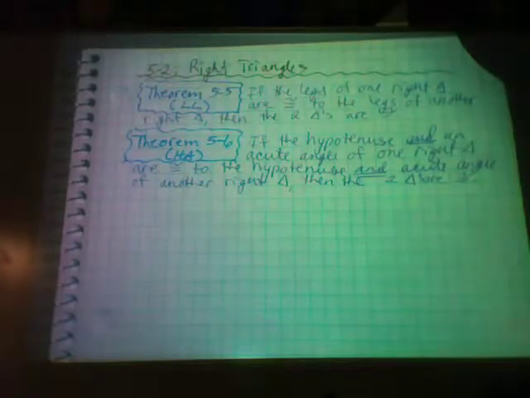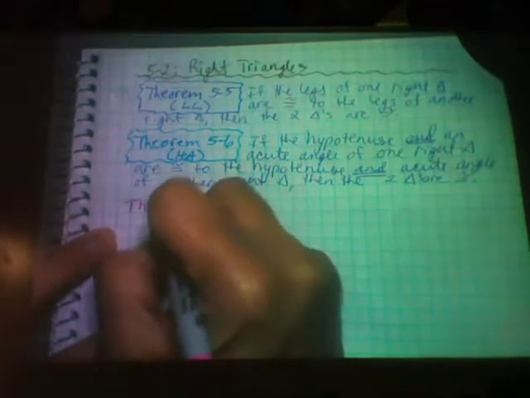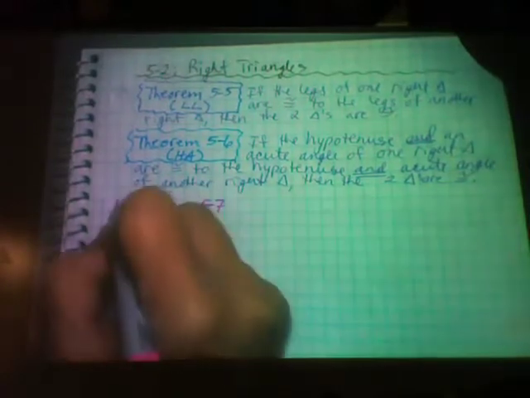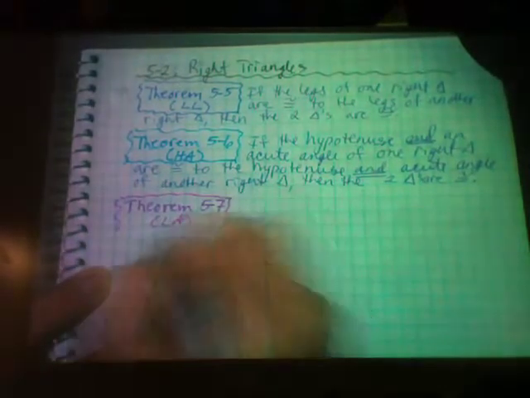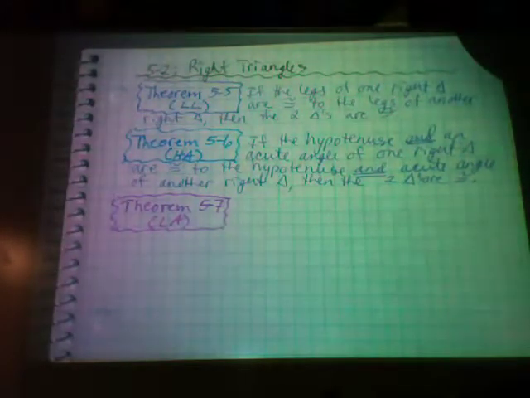So theorem 5.7 is lovingly referred to as LA, a note to follow. Just keeping you awake. So what does that refer to? Leg and angle. Which angle? An acute angle.